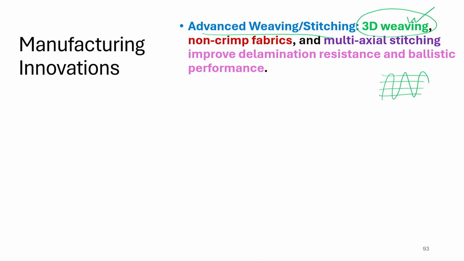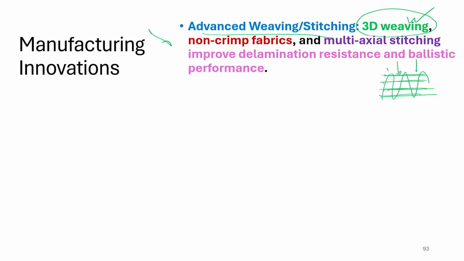The 3D weaving is used for advanced ballistic material, where a number of layers are combined together and used to absorb high impact energy.